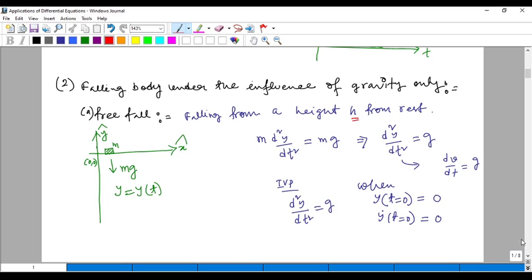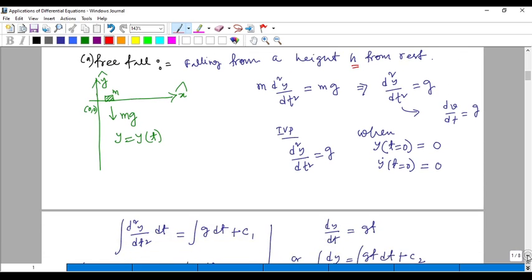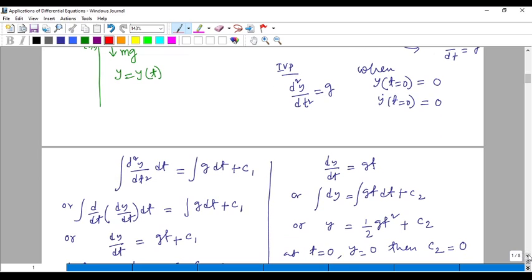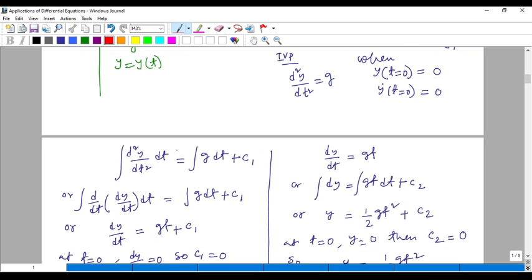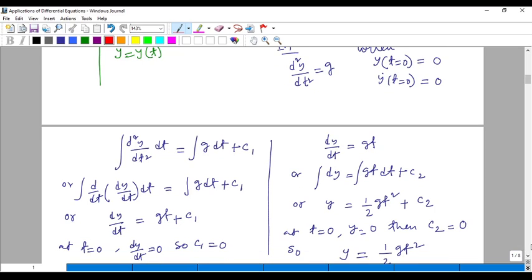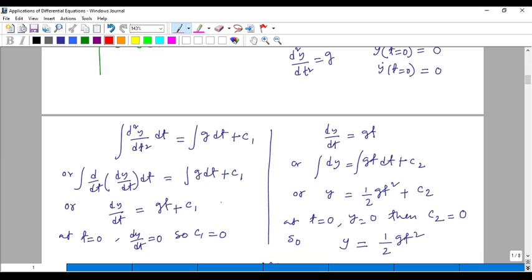Now we have to solve this initial value problem to calculate the distance of the object, which is y. These are simple steps: we integrate both sides of this equation, and we get the equation for the first order derivative of y, that is the velocity, plus the first constant of integration c1.